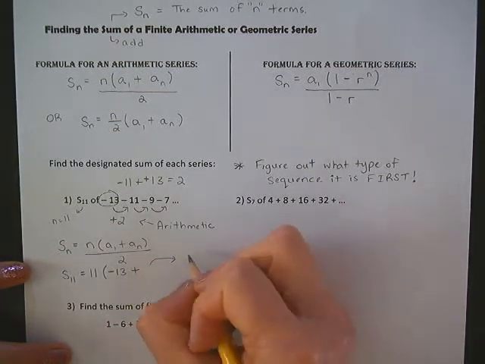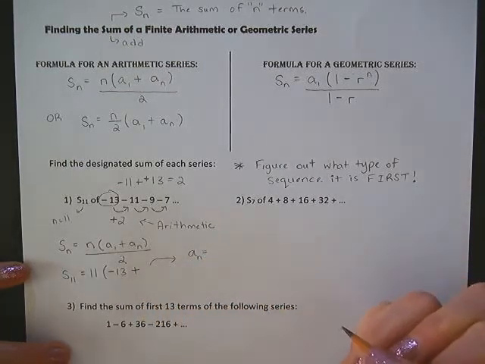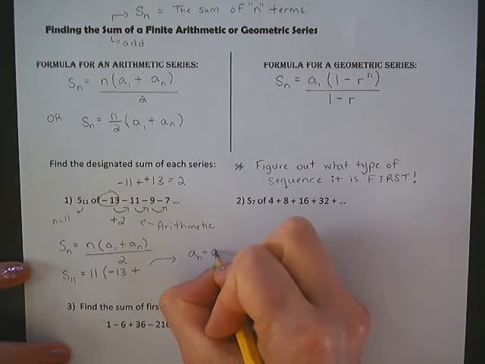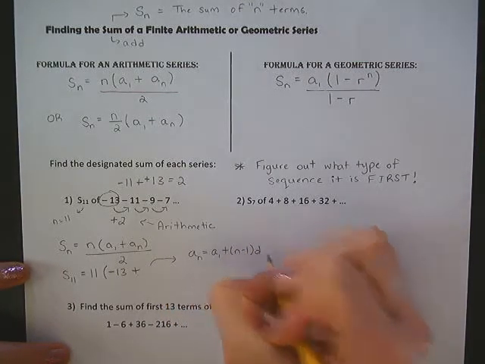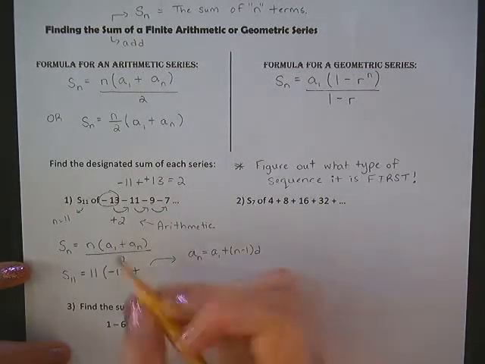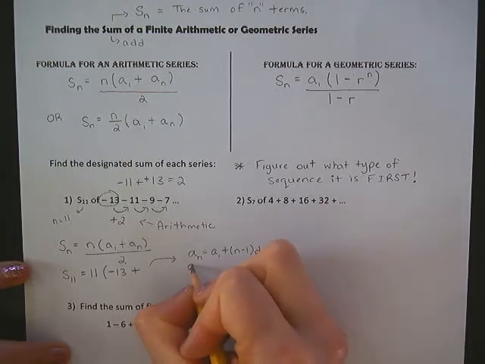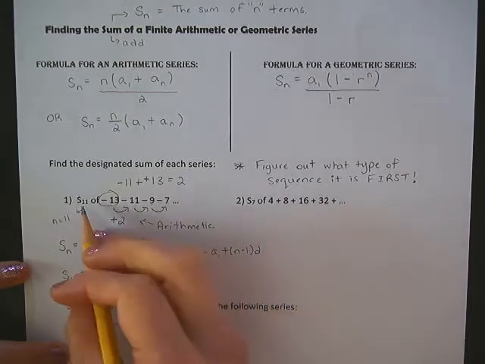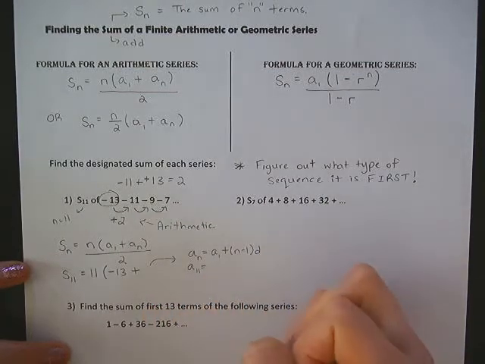And so a sub n, the explicit formula that we used several times last week, you can just copy that down so you can look it up in your notes, or you can just memorize it. That was the formula for an arithmetic sequence. So now we're looking for the last term. Well, that would be the 11th term. And then we just plug it in.